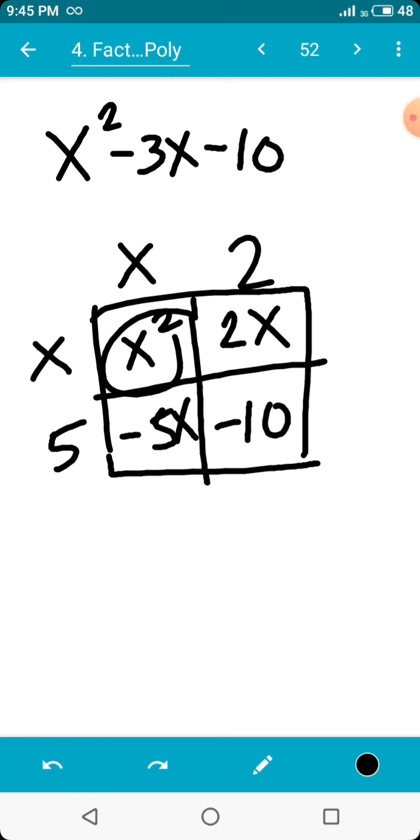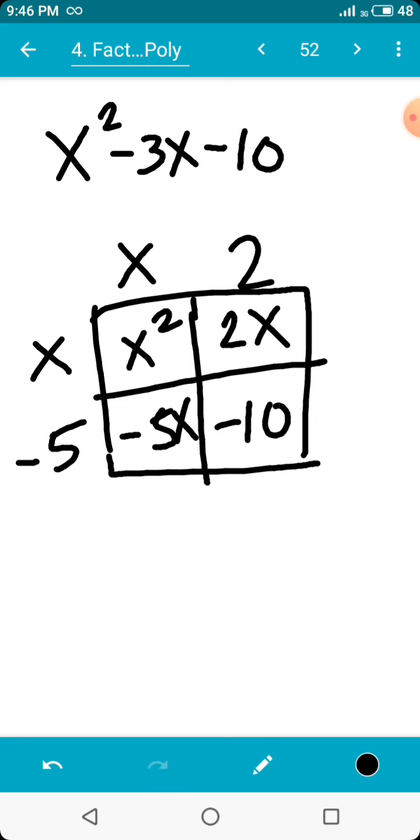Okay? So, let's see. So, x times x, that is x squared. So, tama. Ito yun. And then, 2 times x, dapat 2x. So, tama. x times 5, that is negative 5x dapat. So, dapat mag-adjust yung sign ng 5 kasi ang sabi, dapat ang product ay negative 5x.